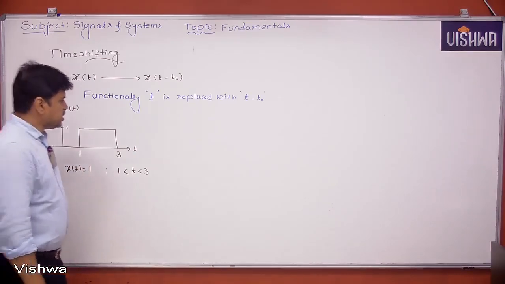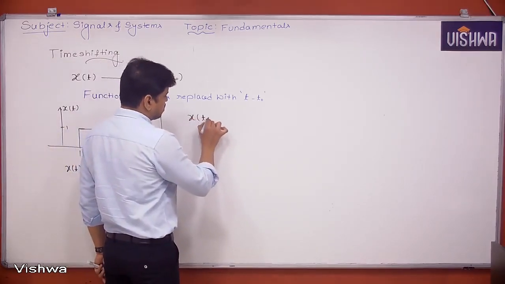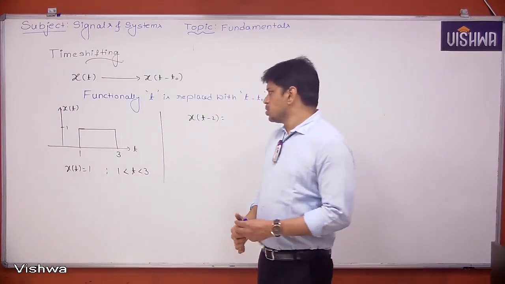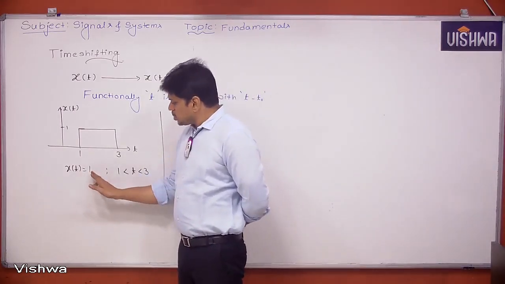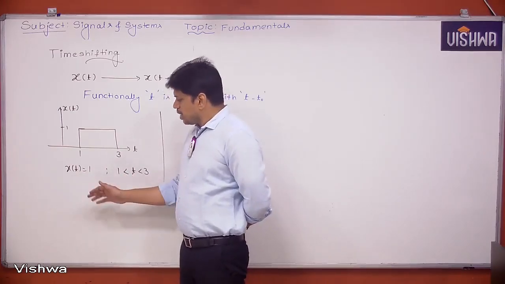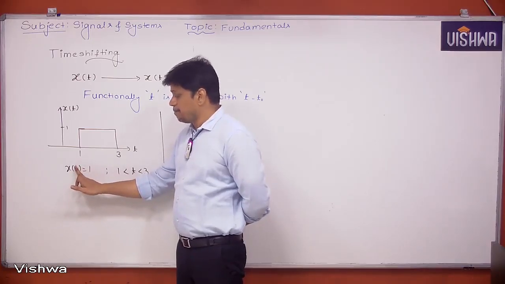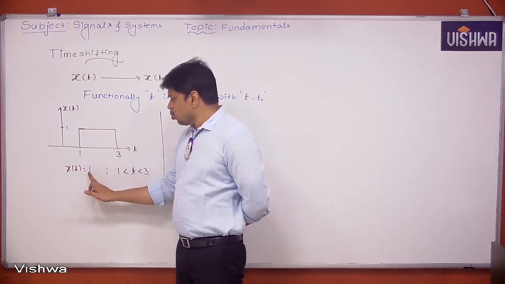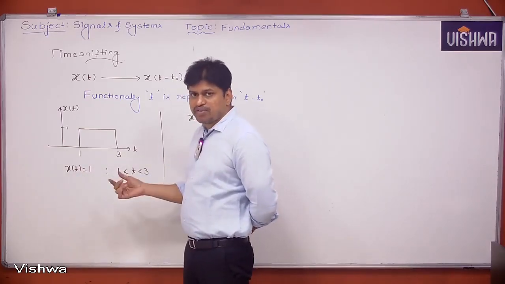So from this, we have to find another signal, x of t minus 2. Listen carefully. X of t is equal to 1 when t lies between 1 and 3. If I change the argument, that means the value inside the bracket, let's say m, then x of m is equal to 1 when the argument lies between 1 and 3. That means m lies between 1 and 3.